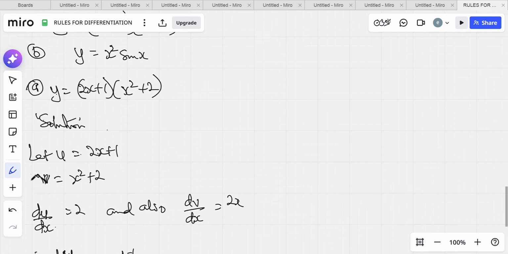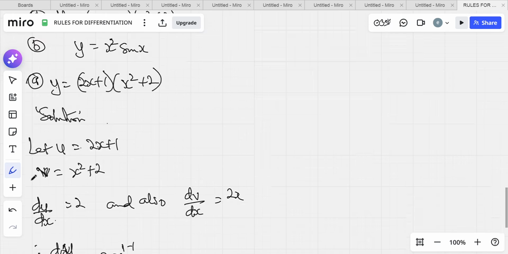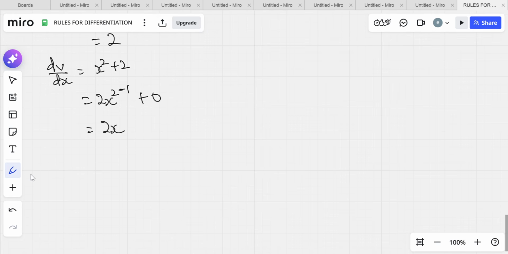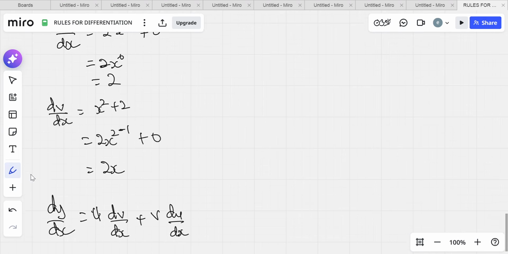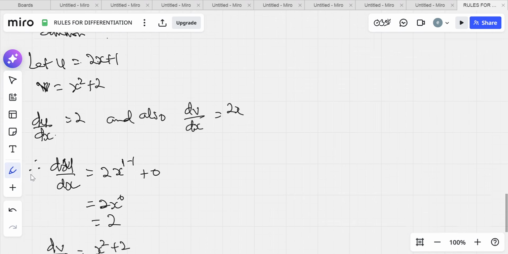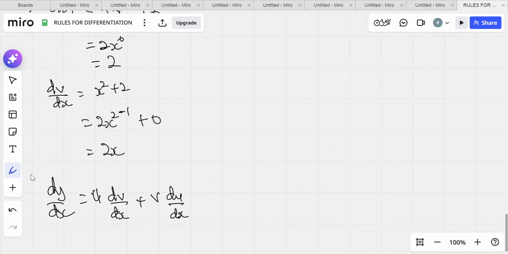The formula says that dy over dx is equal to u dv over dx plus v du over dx. So where is our u? Our u is 2x plus 1.